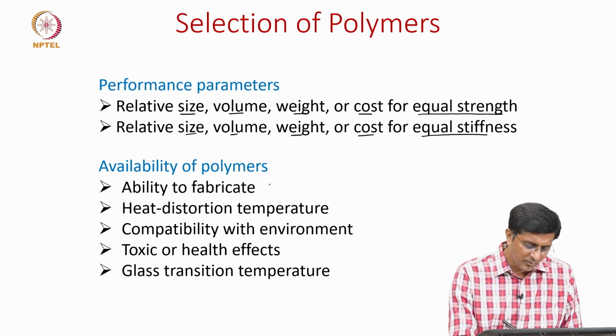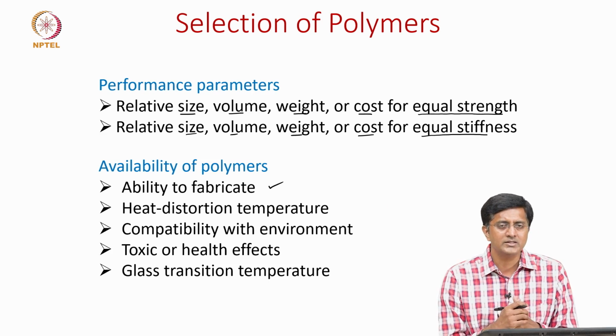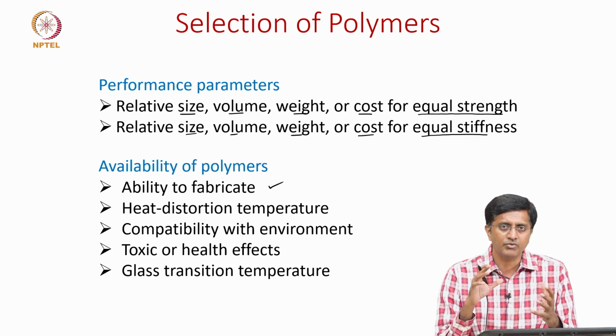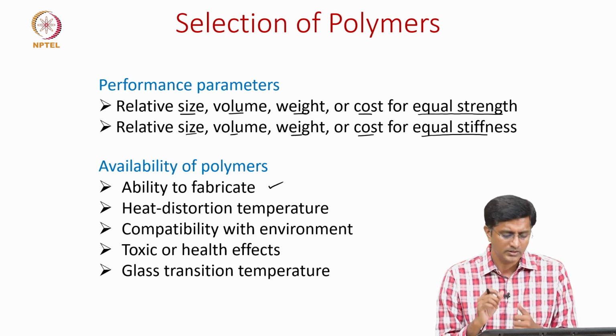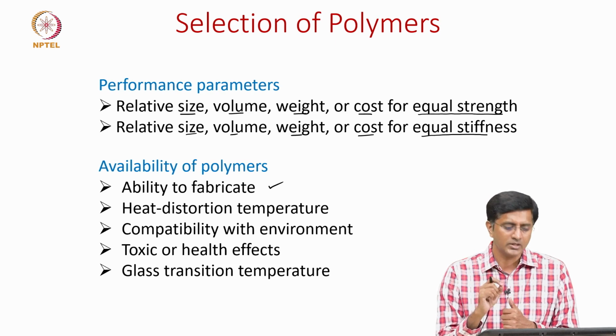So, starting with the ability to fabricate. We know that unlike metals, fabricating polymers is a bit tricky, because not all polymers are something we can machine. Some of them need to be fabricated in one component, but it is not always possible depending on the features we are looking for in the design.